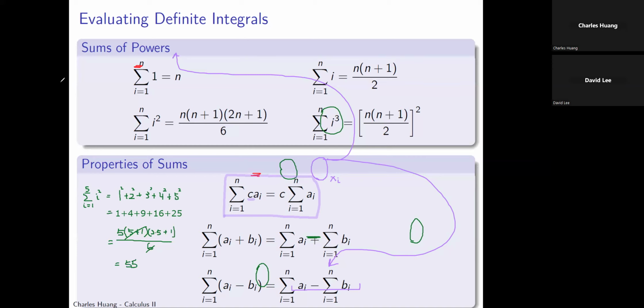Now this purple rule over here says this. If I have something else that looks like this, let's say I have 2 plus 8 plus 18 plus 32 plus 50.